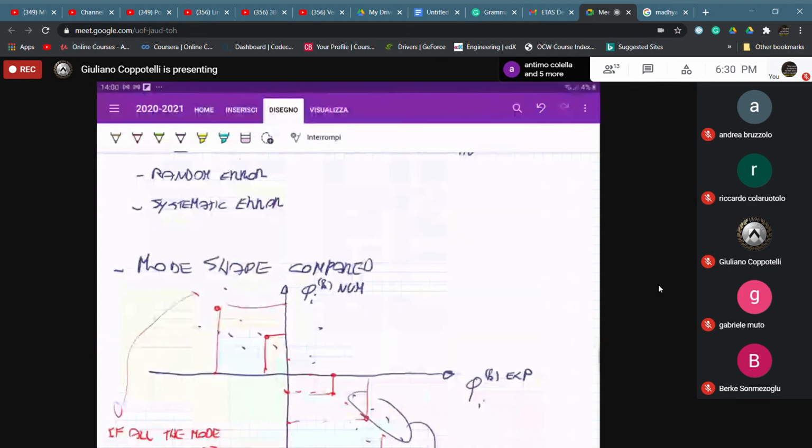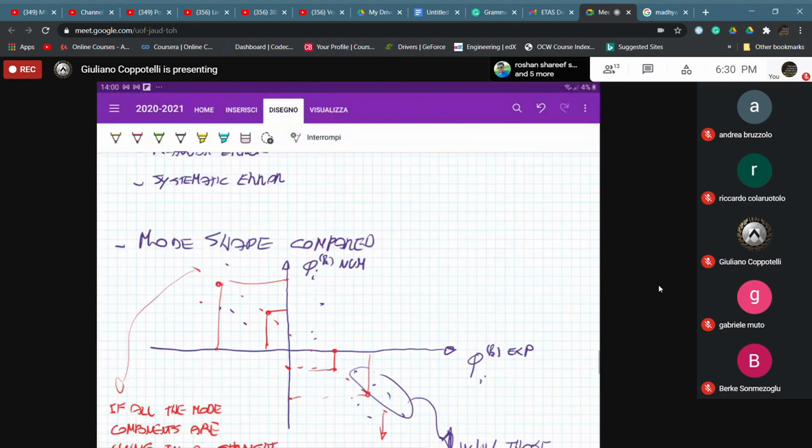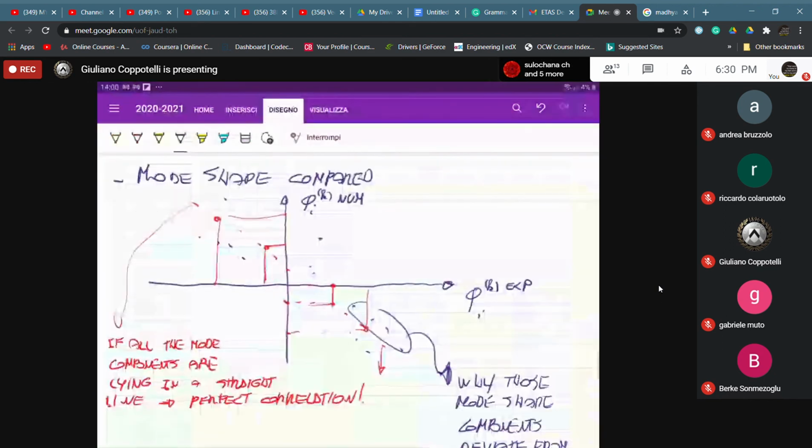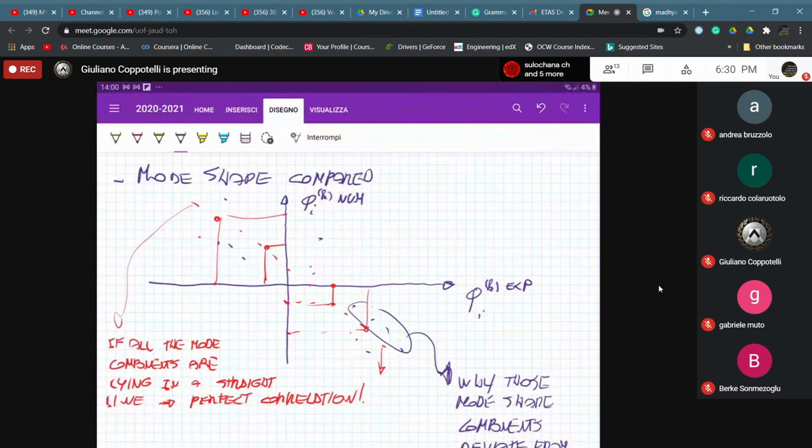Always from the preliminary point of view, we can compare the mode shapes using the same approach. In the plane in which you put the components of the experimental and numerical modes, all these components should be aligned in a straight line if those modes are telling the same thing, that is, if those modes are parallel.